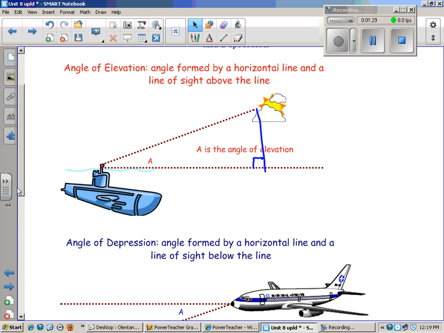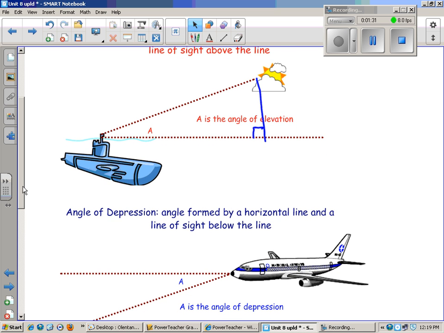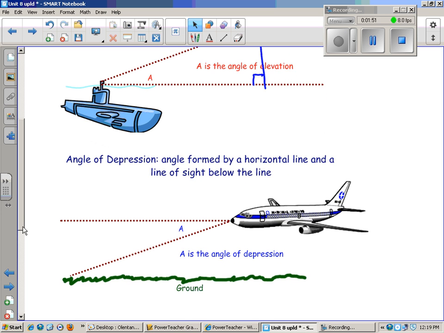Angle of depression is, again, horizontal down. So the altitude of the plane is our horizontal line, right? If you go straight across, like if the pilot's sitting in the cockpit, his horizontal is from his eyesight. So if you go down to the ground, that's the angle of depression.